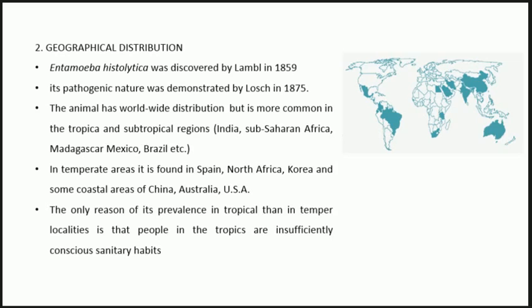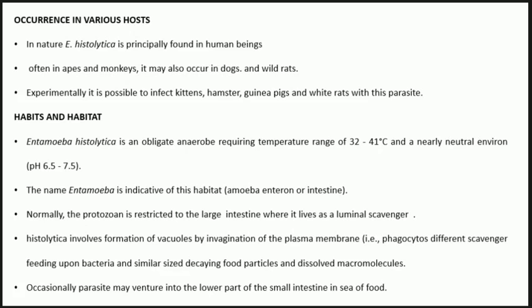If you look at Canada or the north side of America, you may not see this. Even the dry areas of Africa, in the Sahara region, you don't see this, because it's a dry region. Basically, wherever you have water, that is the main area where survival takes place. So this is the geographical distribution of Entamoeba histolytica.